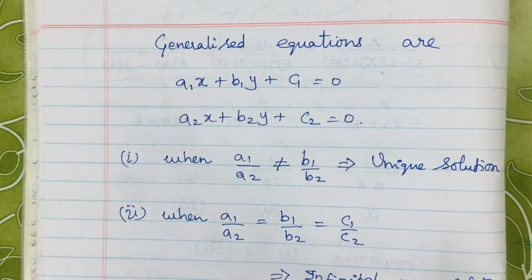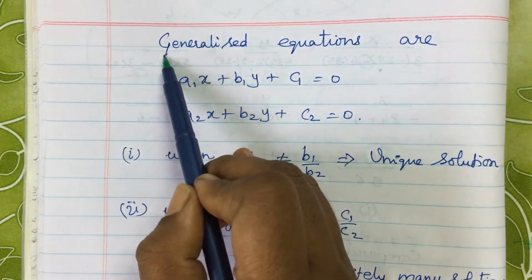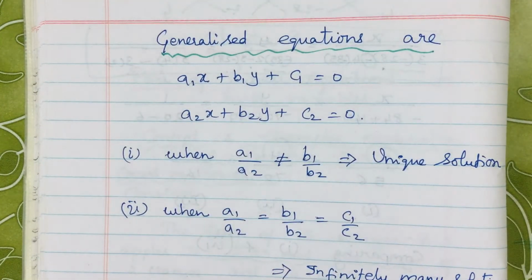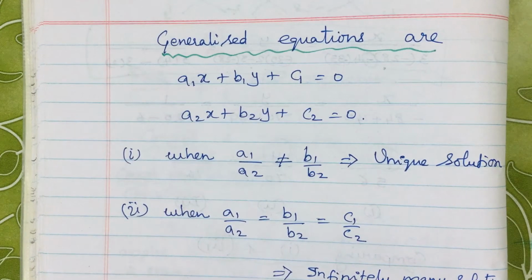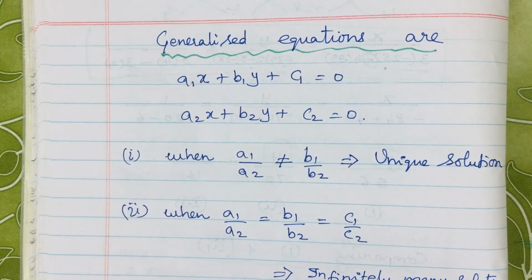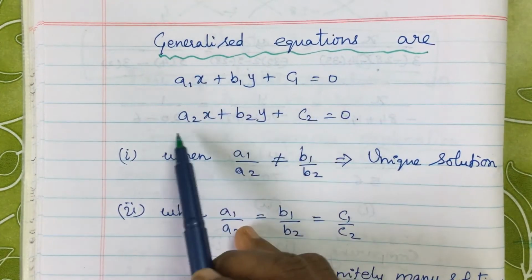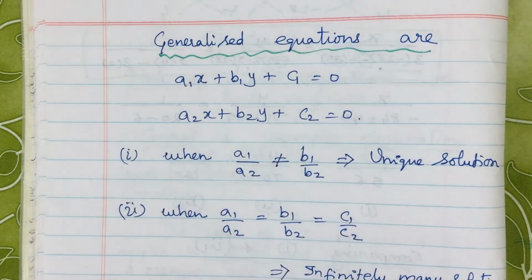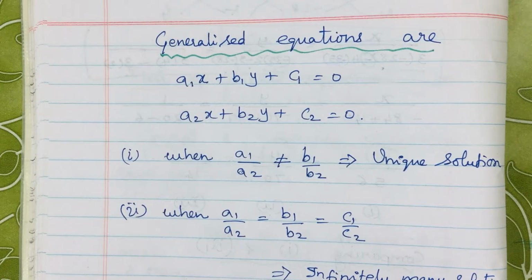So this is a general procedure for solving the given equations using cross multiplication method. So first we have to write down the general equations. a1x plus b1y plus c1 equal to 0, a2x plus b2y plus c2 equal to 0. Here your a1, b1, c1, a2, b2, c2 all are numbers, all are your integers.